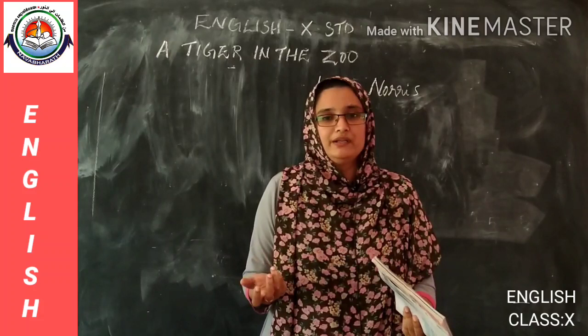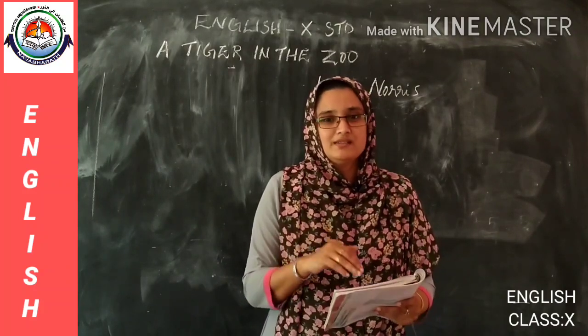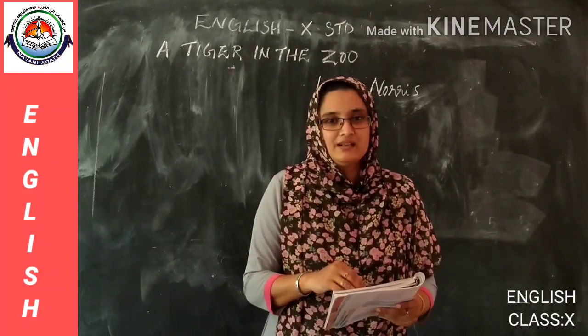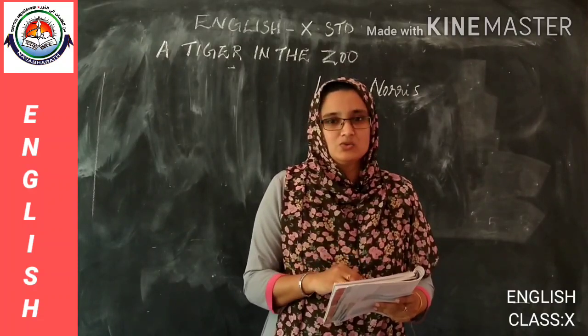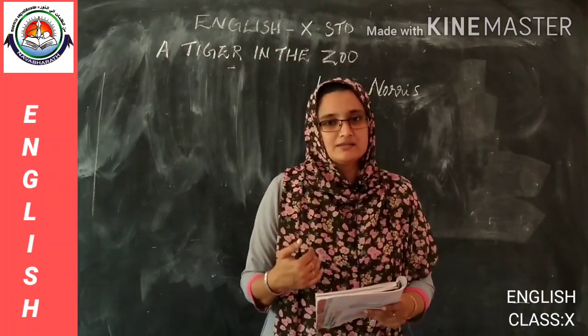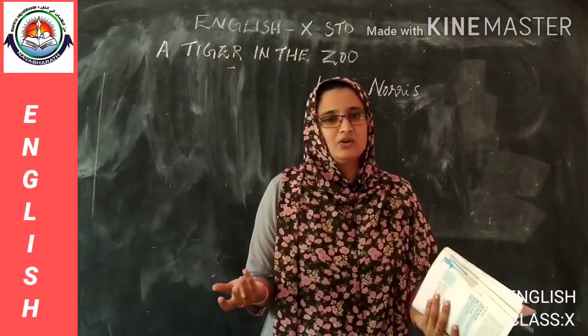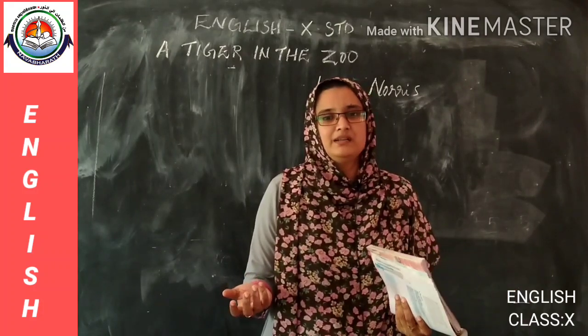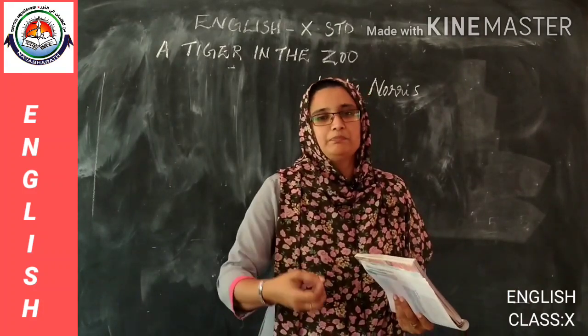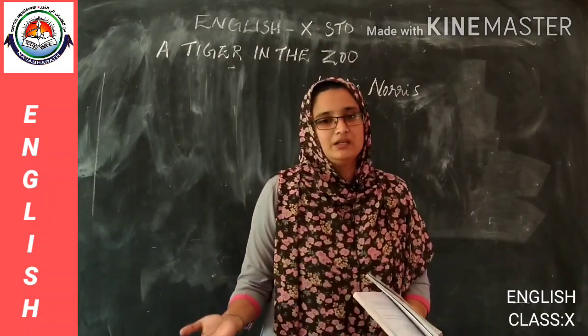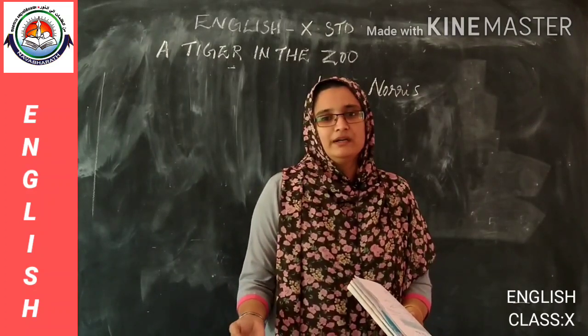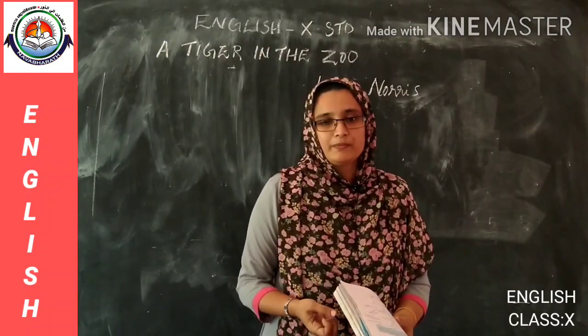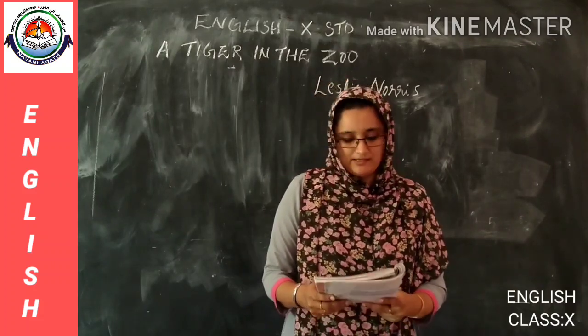He cannot do anything. Now he is in the cell, here in the zoo behind the iron bars. Right? Here he cannot do anything. He is completely helpless. Whatever the people give for eating, that only he can eat. He cannot go for catching his prey. Clear what I said? Okay.